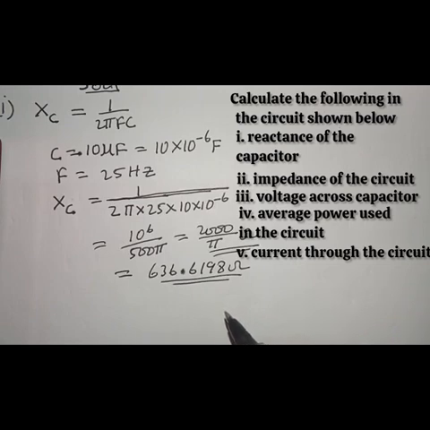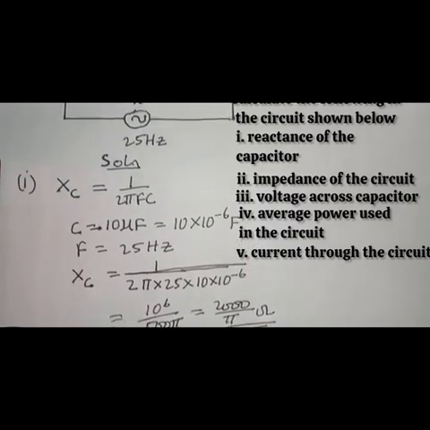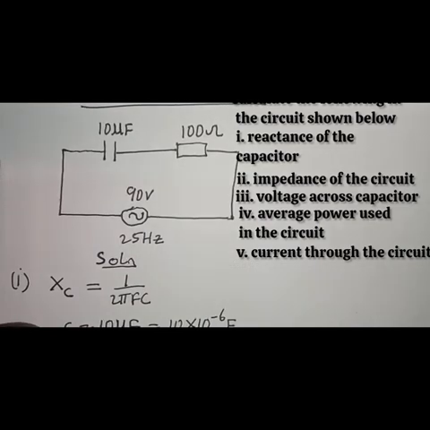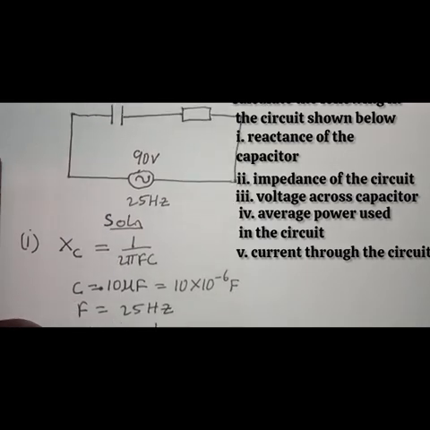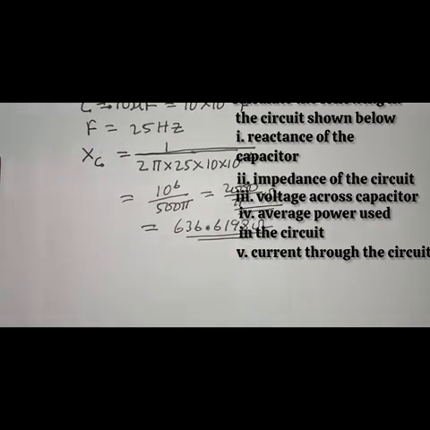We were also asked to determine the impedance of the circuit. From the circuit, as we can see, we have only the capacitive reactance and the resistance. The resistance is 100 ohms. The capacitive reactance is what we've gotten as 636.6198.